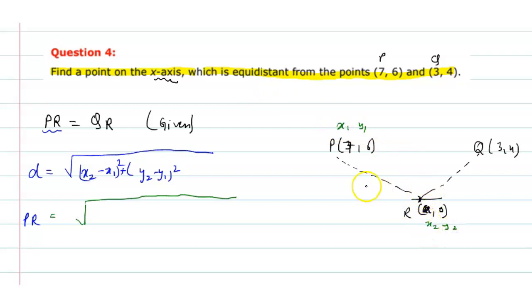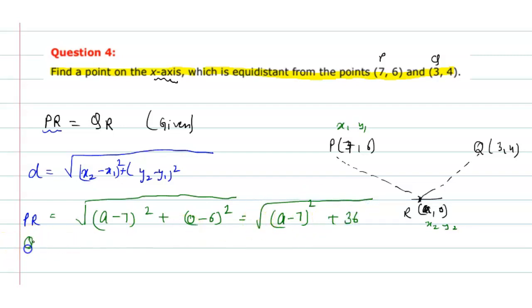So PR is the root of (a minus 7) squared plus (0 minus 6) squared, which is the root of (a minus 7) squared plus 36.